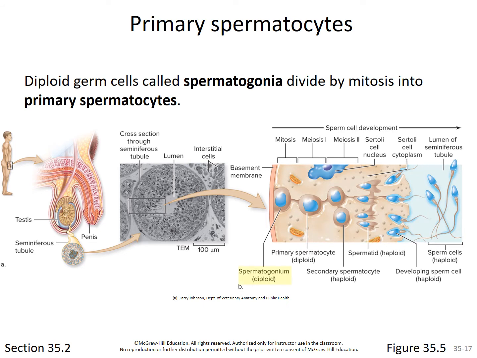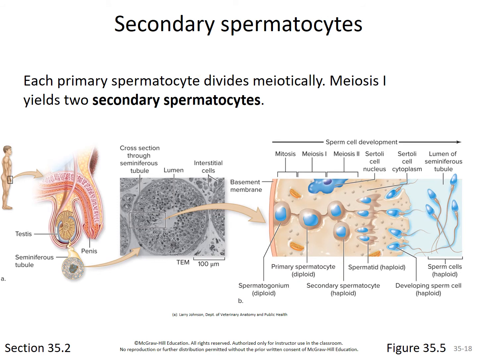Diploid germ cells called spermatogonia are going to divide by mitosis into primary spermatocytes. And so at this point, you've got two cells. The primary spermatocyte is going to be genetically identical to the spermatogonium. Now, each primary spermatocyte divides by meiosis, and meiosis is actually what yields two secondary spermatocytes.